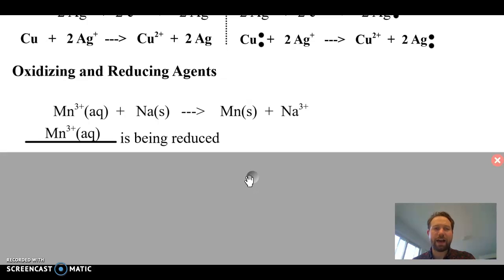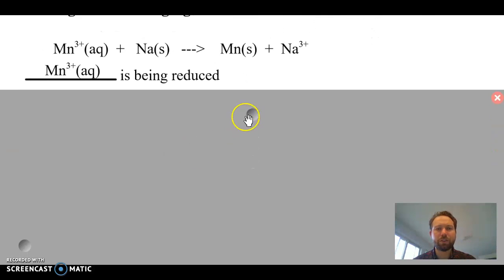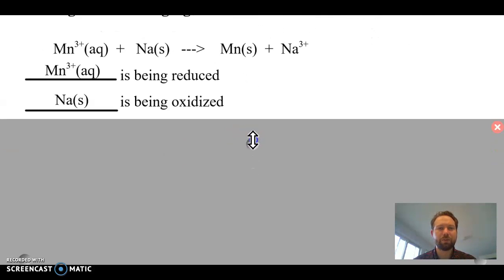Because of that, it had to gain electrons to become neutral. Therefore, because it gained electrons, it's being reduced. Remember OIL RIG, R-I-G: reduction is gaining electrons. So manganese is now a neutral atom because it's being reduced.